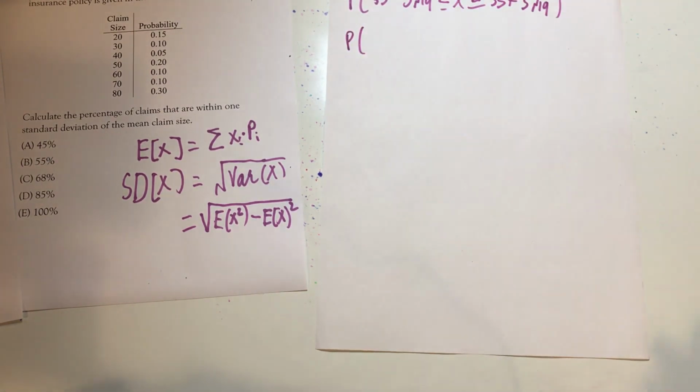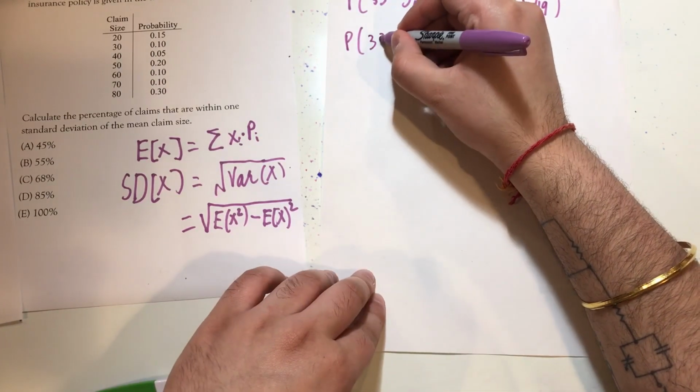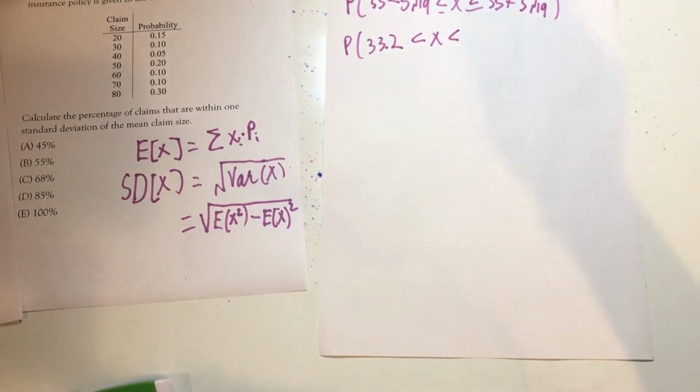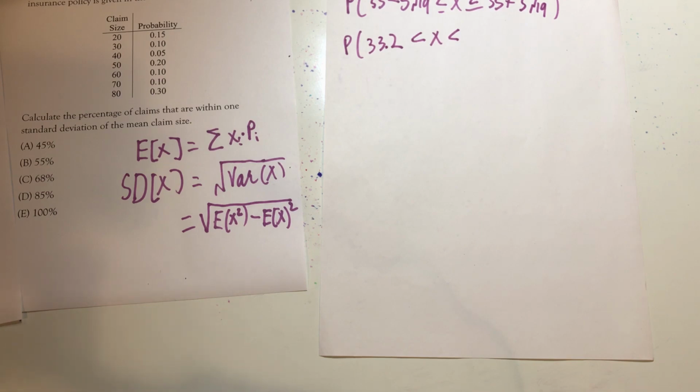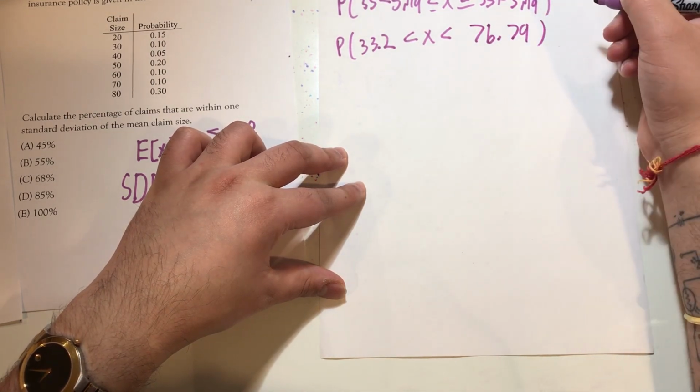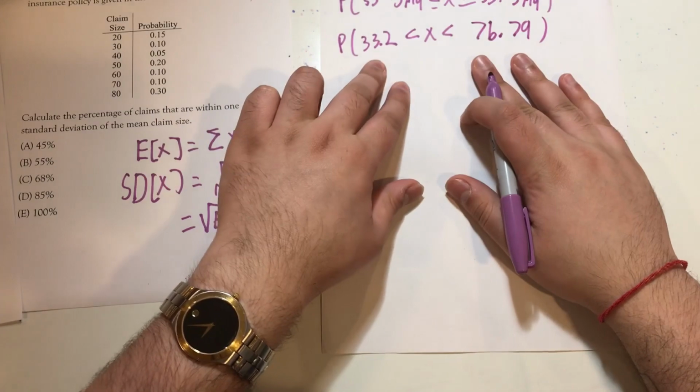Simplifying that down, we're looking for x being in between 55 minus 5 root 19, which is 33.2, so that's my lower bound, and my upper bound would be 76.79. Okay, so we want to find the probability we're in between these values.